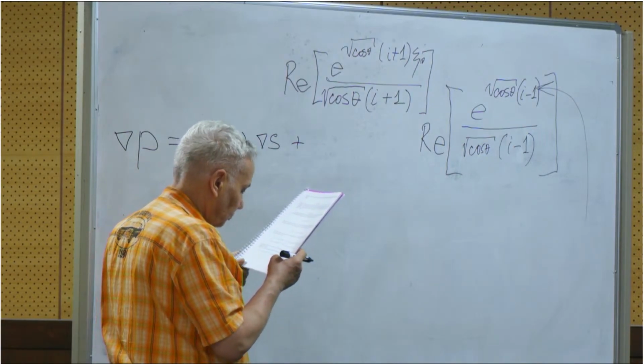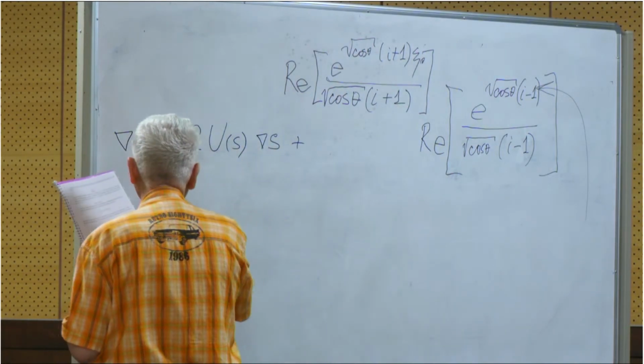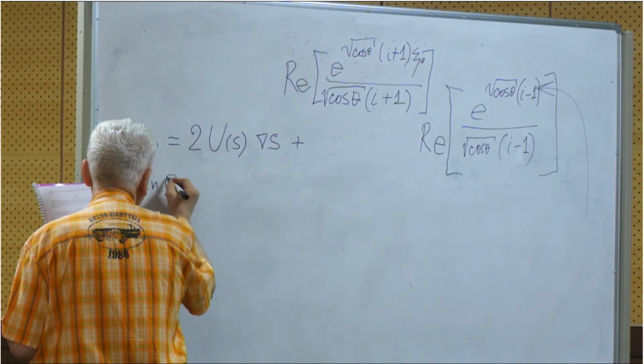And also the next component is a purely radial component, and it constitutes, of course, two components. It looks like that.